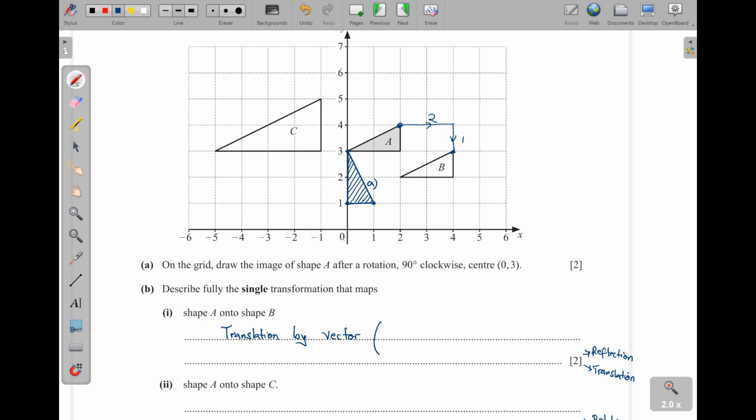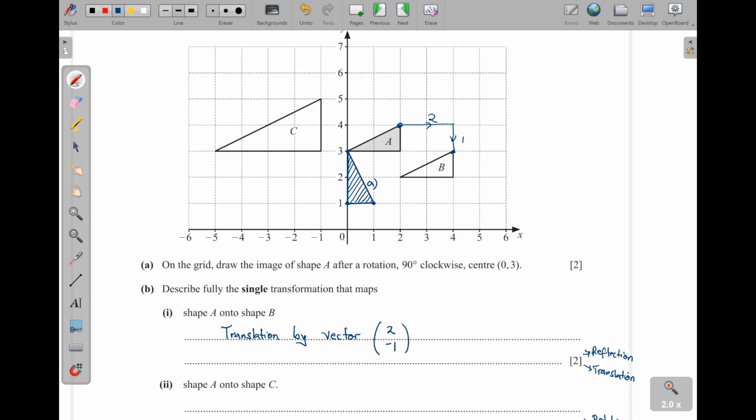Since we are going to the right, and when you look at X, it is positive going to the right, then negative going this way. Y is positive going up, okay? And then negative going down. So we are therefore going to write the vector as 2, then -1.